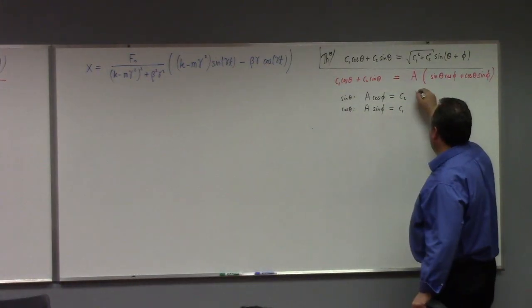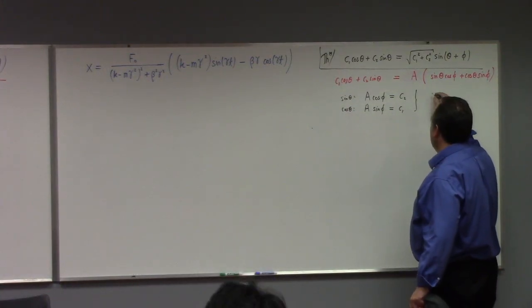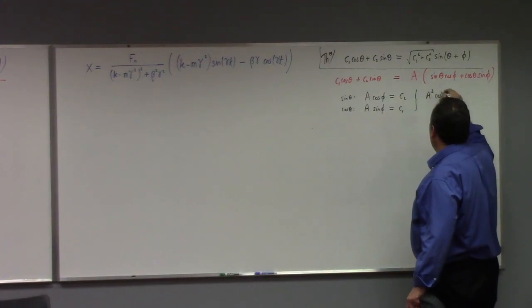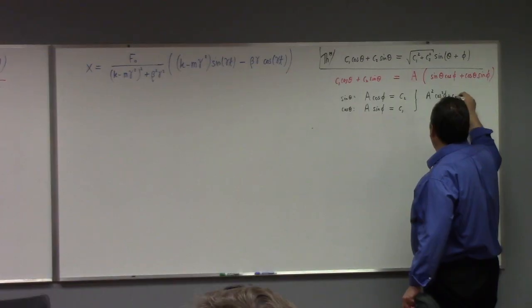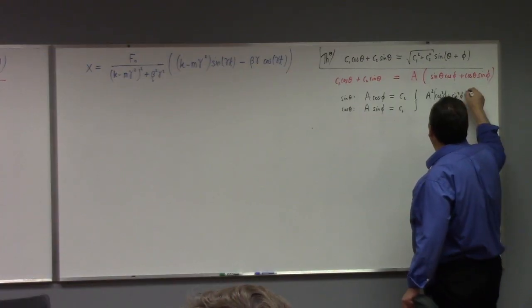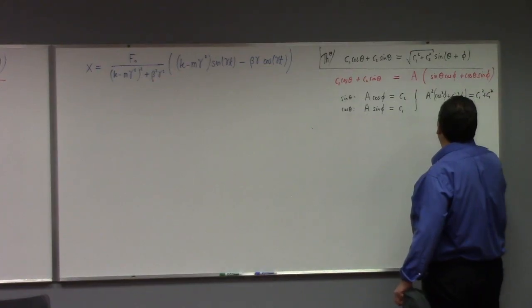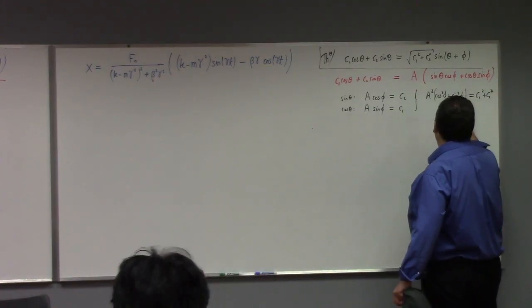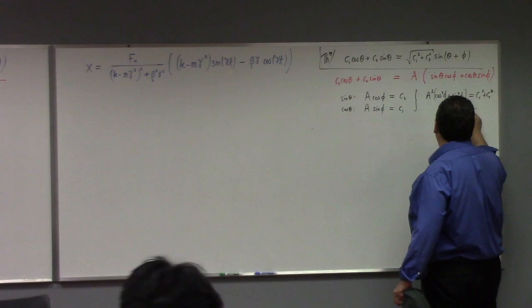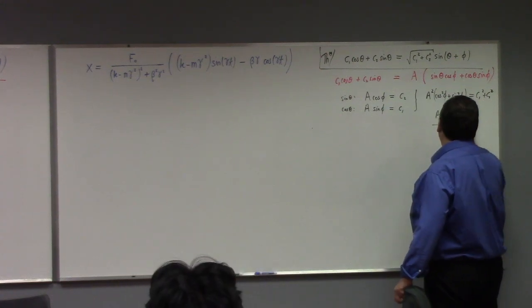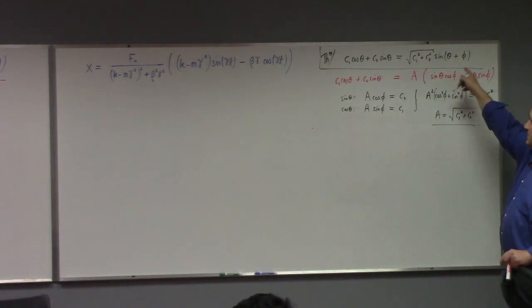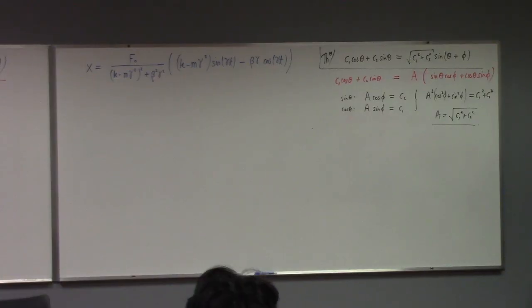When you put these two together, you get A squared times cosine squared phi plus sine squared phi, which is C1 squared plus C2 squared. And so there you go. A is equal to the square root of C1 squared plus C2 squared. It has to be that if it's the number which appears there.